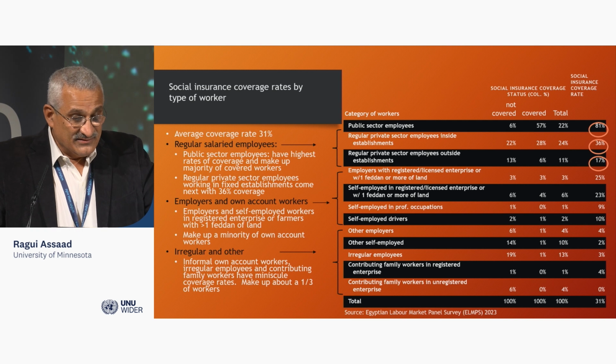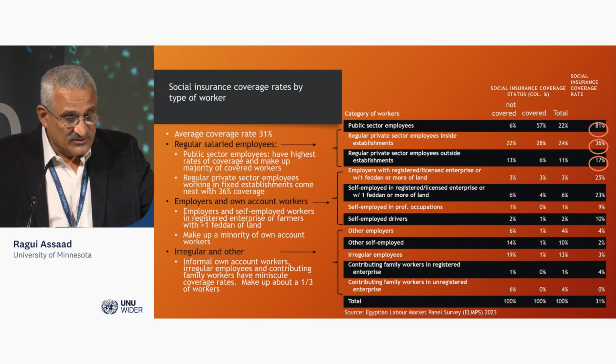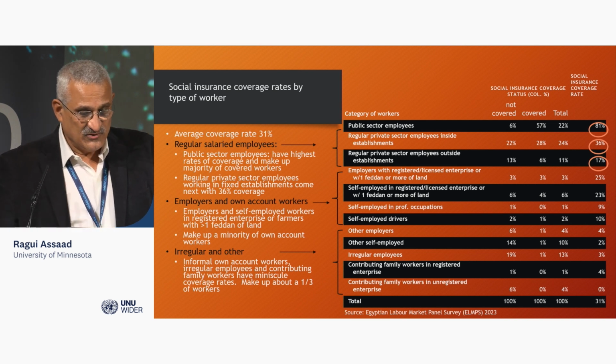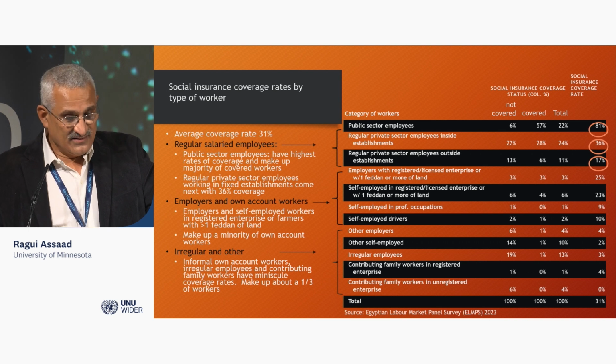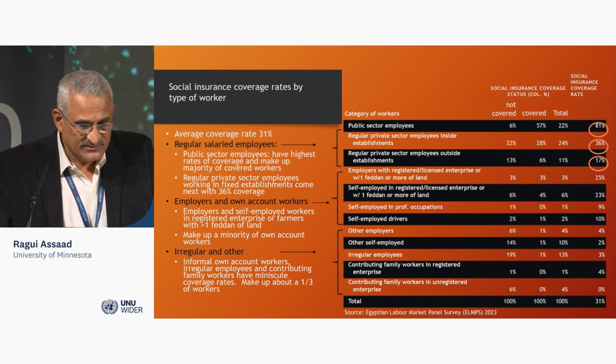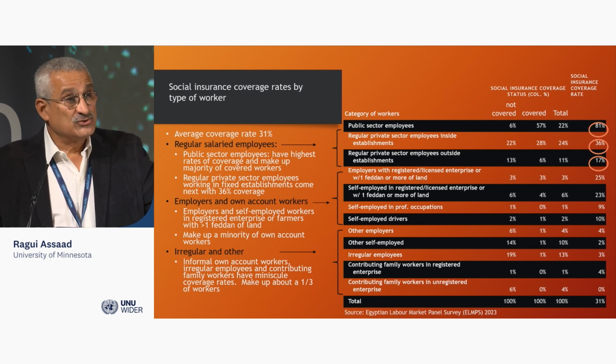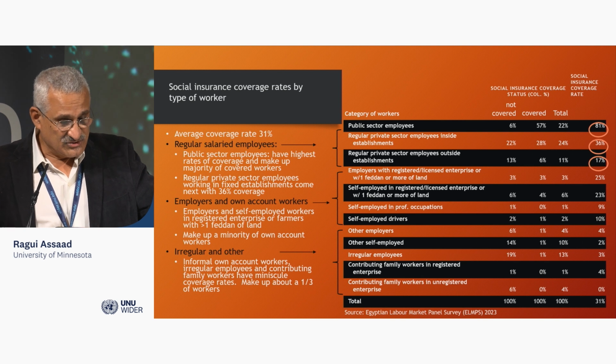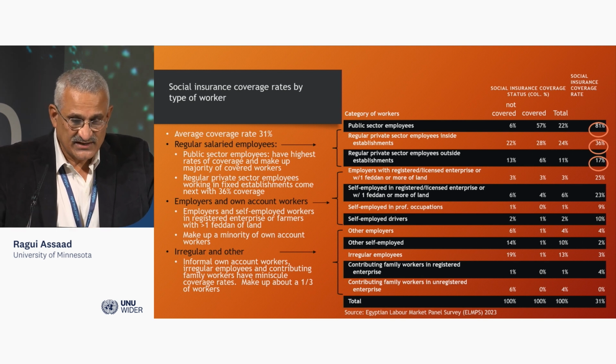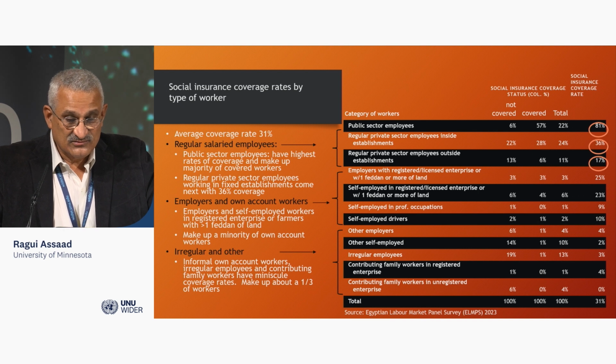But then it falls off quite considerably if you're in the private sector, even if you're a regular private sector employee inside establishments, which is a category that the government can enforce easily. You have a 36% coverage, but if you are outside establishment, even still regular, but you work on a vehicle or in a construction site, etc., then coverage rates drop to 17%.